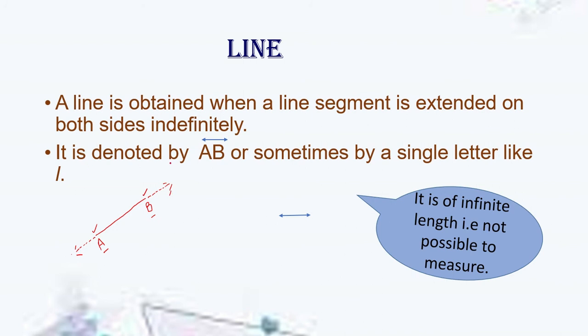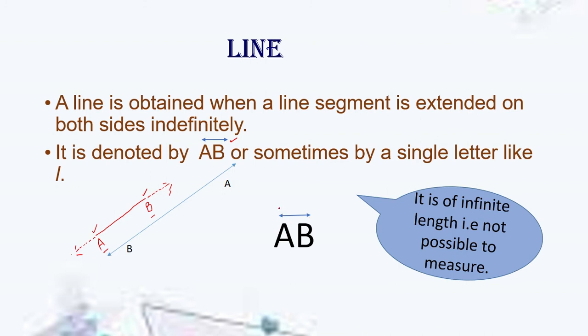So how will you denote it? I will denote this line AB as AB with this symbol you can see here, or by a single letter we can denote it. As you can see this line, I have marked AB. I am talking about the blue line AB, and I will mark it as AB with arrows on both sides.